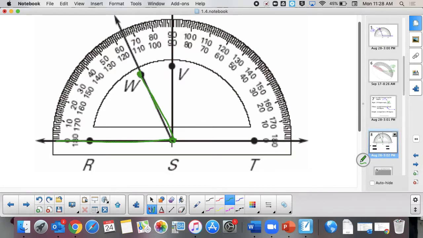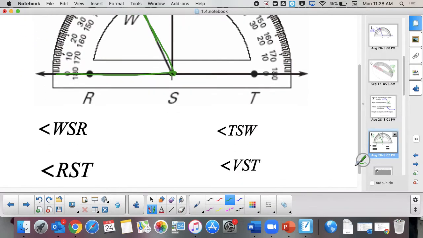So if we follow our angle out, we go between 2 numbers. It is either 65 or 115. Since our angle is smaller than 90 degrees, angle WSR is 65 degrees. Second one they want is angle TSW.